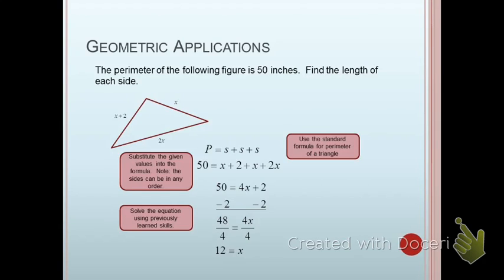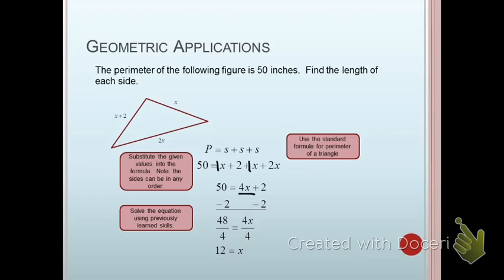And now we're just going to use what we already know about solving equations to figure out the lengths of the sides. Now notice on this right-hand side we have some like terms, and remember that's a 1 and that's a 1. So we have 1x plus 1x plus 2x, which equals 4x.